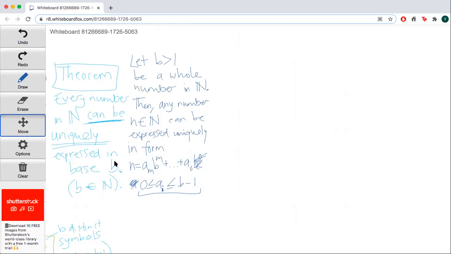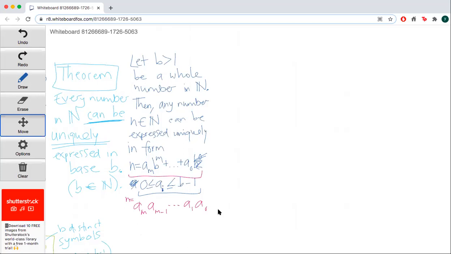This theorem is basically telling us that every counting number can be expressed uniquely as some sequence of digits, a_m, a_(m minus 1), ..., a_1, a_0, and that there is no other sequence of digits that can give you the number n. Remember that this is just the expansion of the number with these digits.